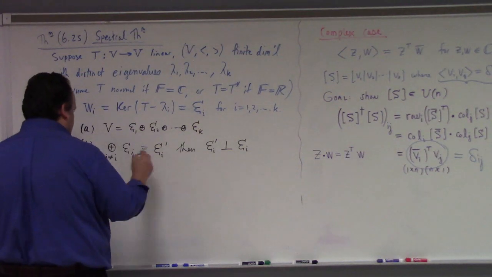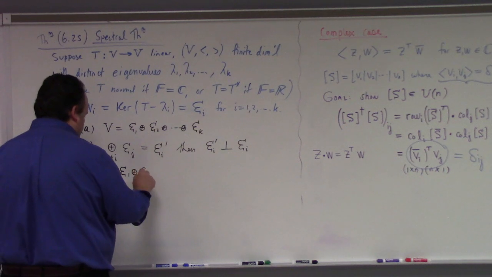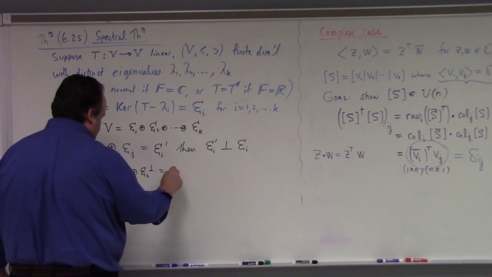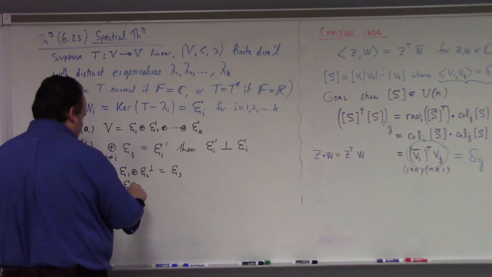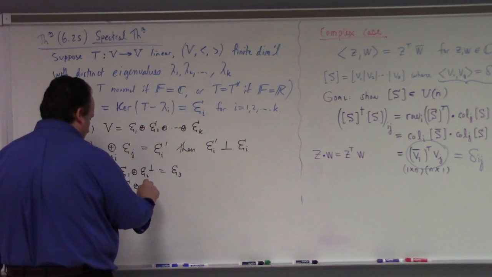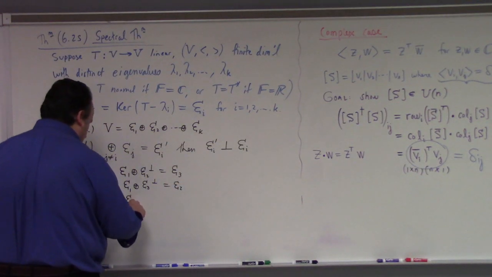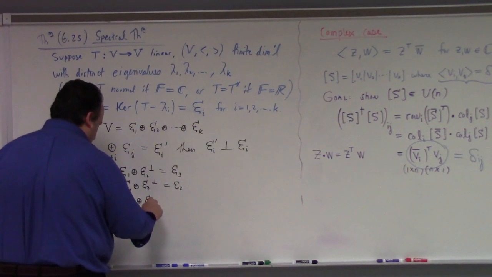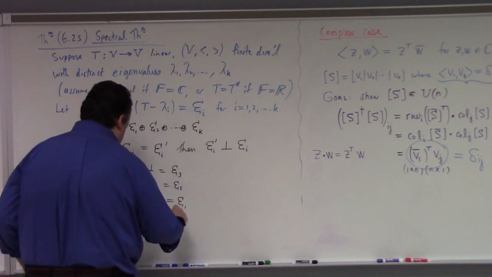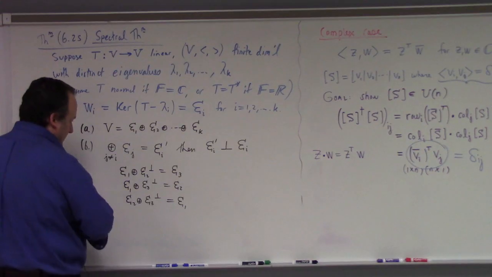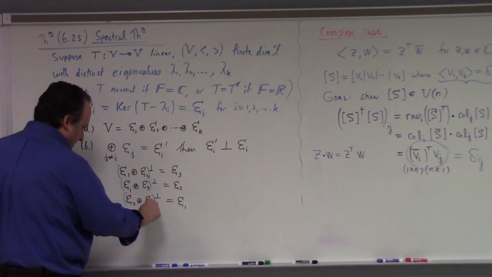Let me demystify this. In the case of 3, I'm saying E1 plus E2, perp, is E3. And E1 plus E3, perp, is E2. And E2 plus E3, perp, is E1. To be clear, I want some parentheses in there; I'm talking about the perp of the sum.